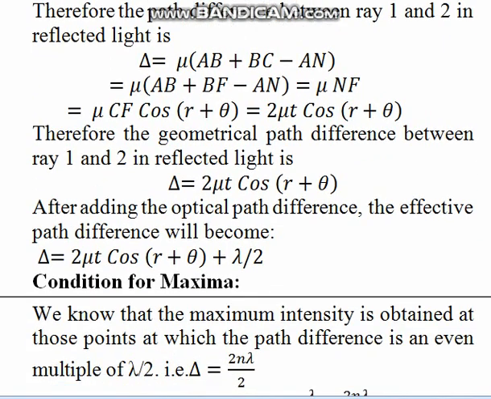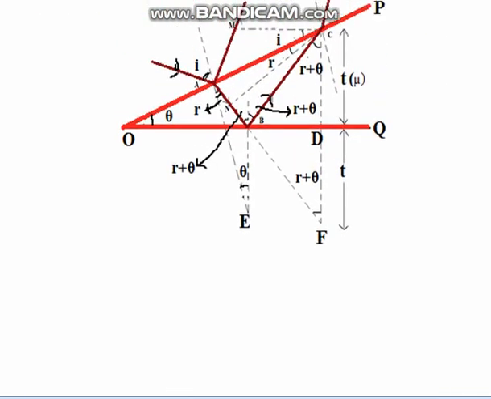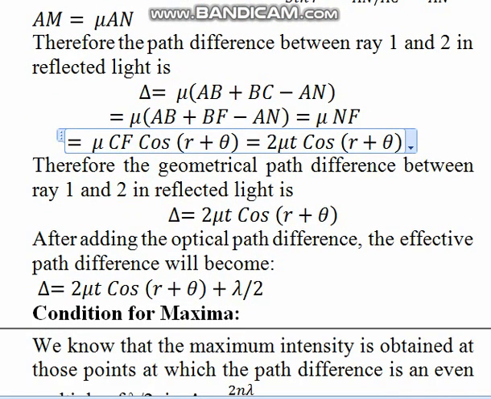So NF is equal to CF cos(r plus theta). What is CF? CF is 2 times the film thickness at this point, so it is equal to twice t. We put the value twice t in place of CF.